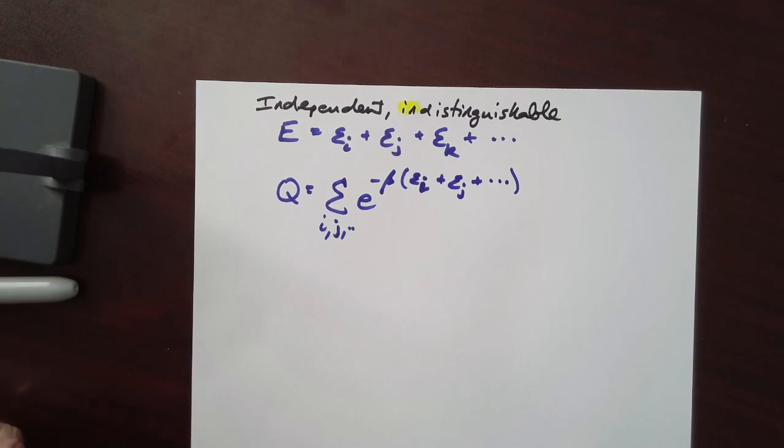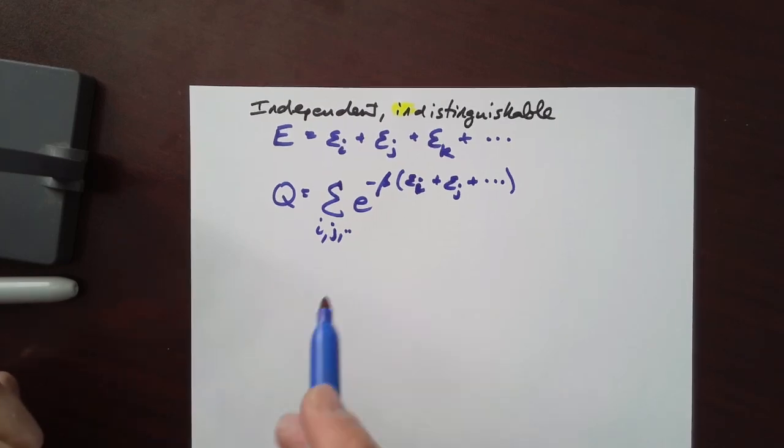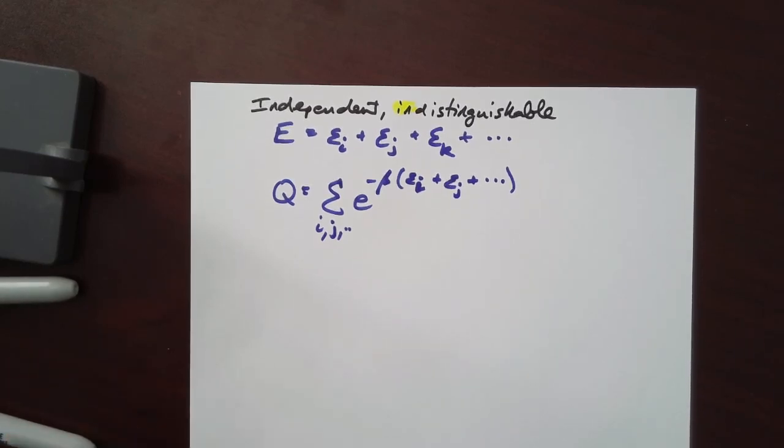Okay, now at this point we have to consider the summation, okay? And that is, we wind up with overcounting, okay? So we've got an overcounting problem.